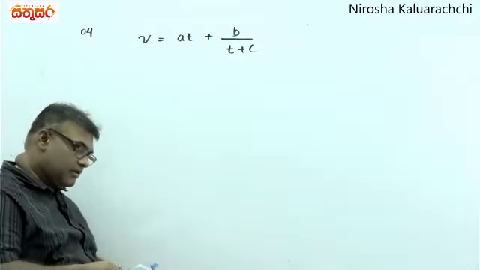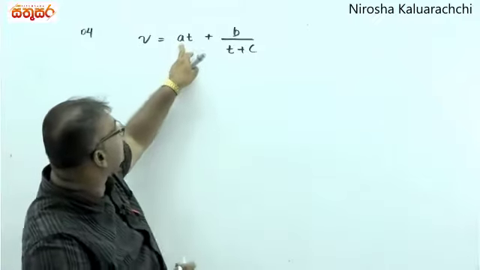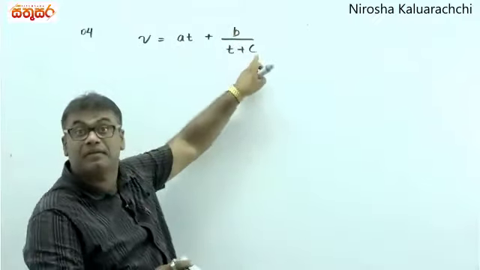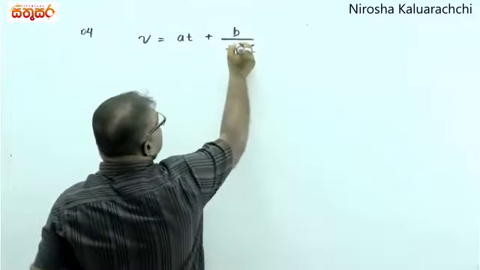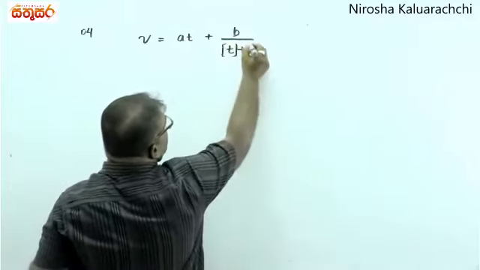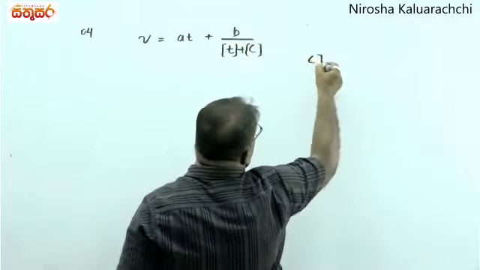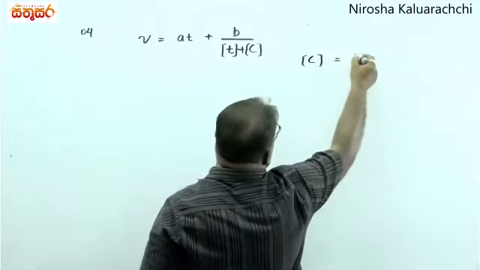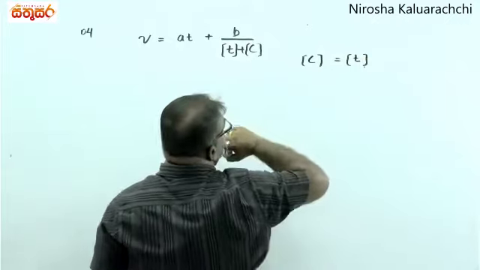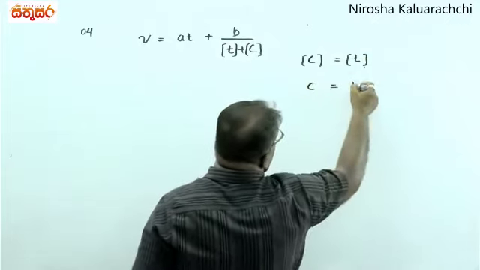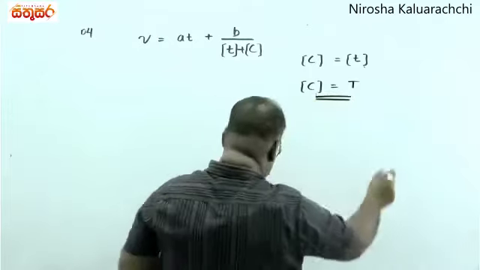You are asked to identify A, B, and C, right? Okay, then let's see. These two are added, right? Then time and term C should have the same dimension. C is dimensionally the same as T. Dimension of C is T.